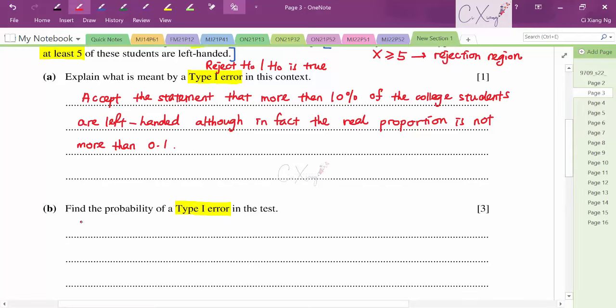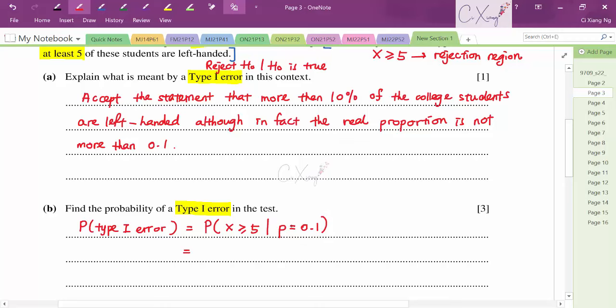To calculate the probability of type 1 error, generally I need the rejection region, which is X greater than or equal to 5, given that the null hypothesis is true. In the question just now, they already mentioned that the null hypothesis has p equals 0.1. So this is when the null hypothesis is true.